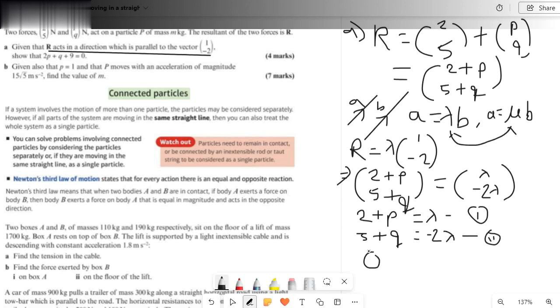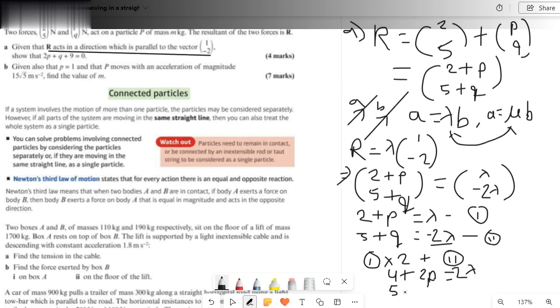So if we apply 2 times equation 1 plus equation 2, then we should get 4 + 2p = 2 lambda, so that we can eliminate lambda and get an equation only in terms of p and q.